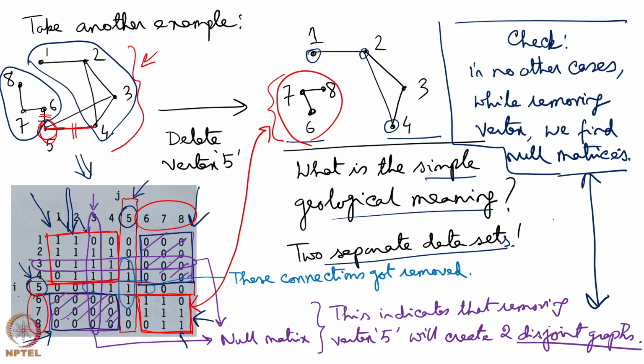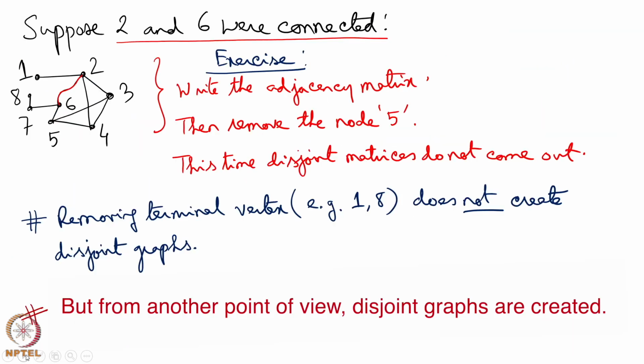On this side, this is not a null matrix because I can see 1 and 1, and on the other side also, this is not a null matrix because I get 1. So this gives an indication that if vertex 3 is removed, we will not get 2 disjoint sets of vertices.